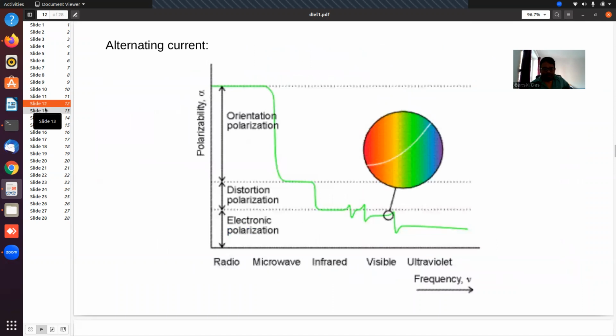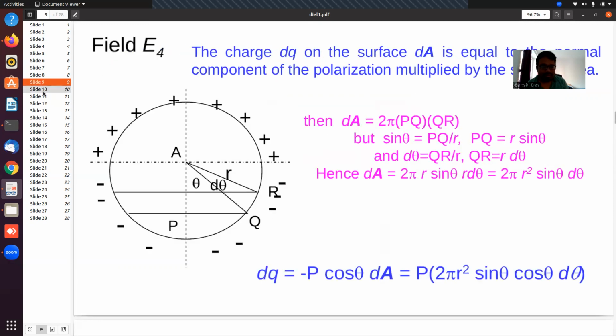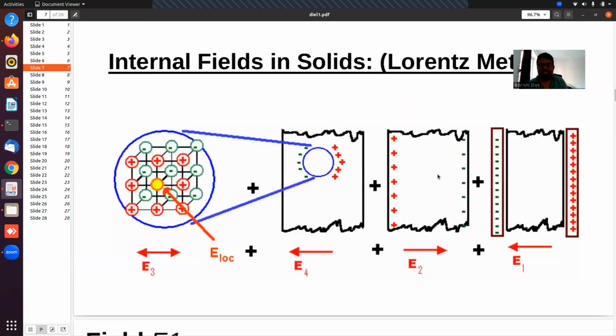So this polarization, this thought along this extension, Lorentz himself explored somewhat. Here Lorentz considered a continuum medium, with no molecular structure.